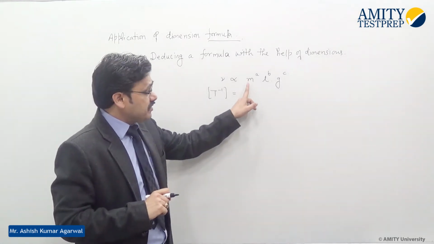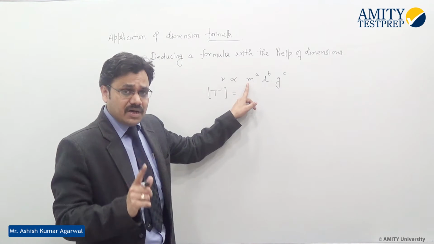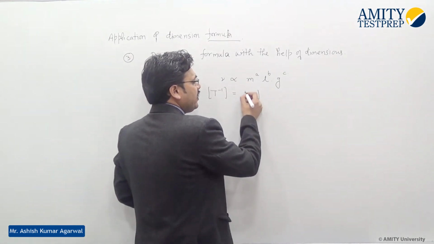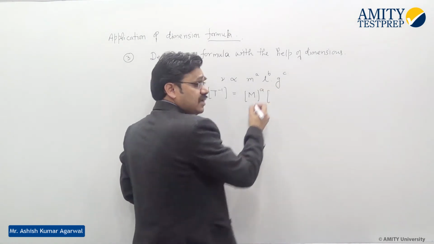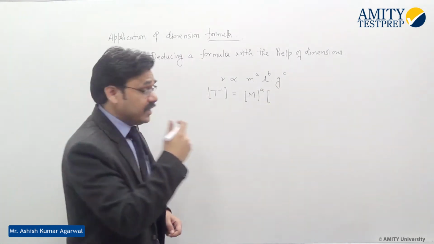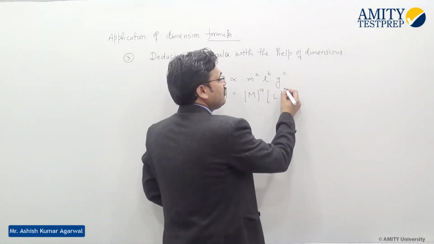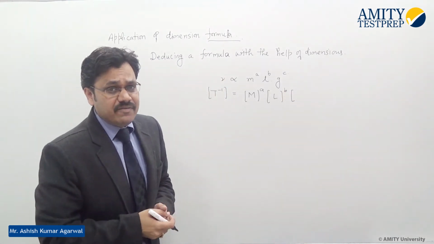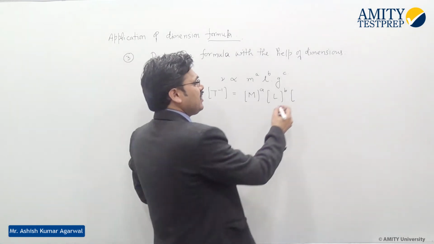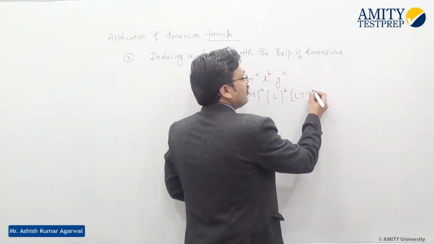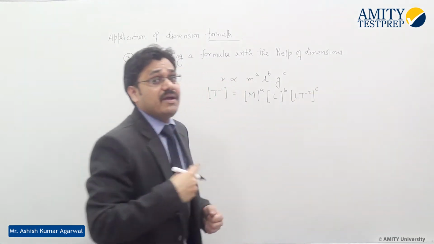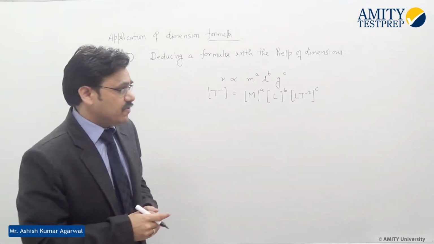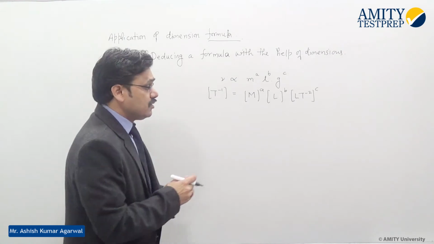The physical quantity here, m, stands for mass, so you have to write the dimension formula M to the power a. This is the length, so the dimension formula is L and the power is b. And for g, the acceleration due to gravity, it is L T to the power minus 2. Remember, acceleration due to gravity or acceleration should have the same dimension formula, so it is L T to the power minus 2.